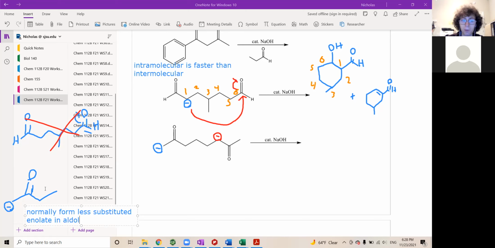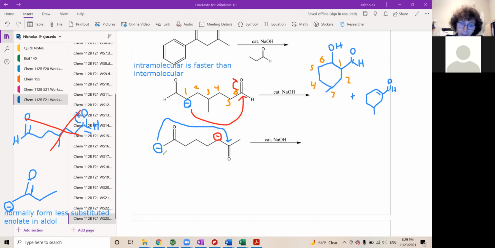So I'm saying that normally that is the case if you were thinking of a normal reaction. But when it's intramolecular like this, there's another factor that is a little more important. So let's consider if the blue enolate was our nucleophile.